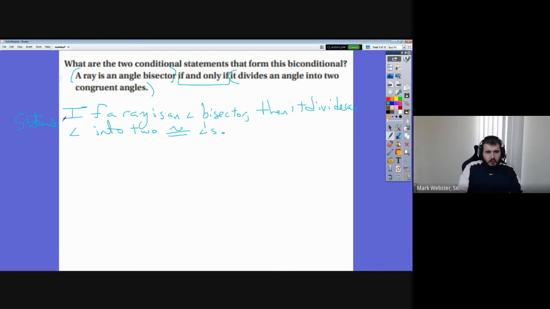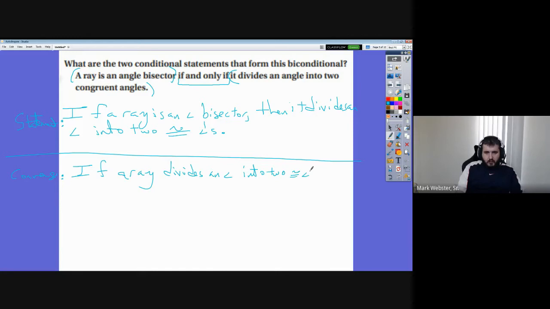There's our original statement. And then the converse. Again, we're just going to flip them around. If what? If a ray divides an angle into two congruent angles, then, don't forget I do an if, comma, then, right?